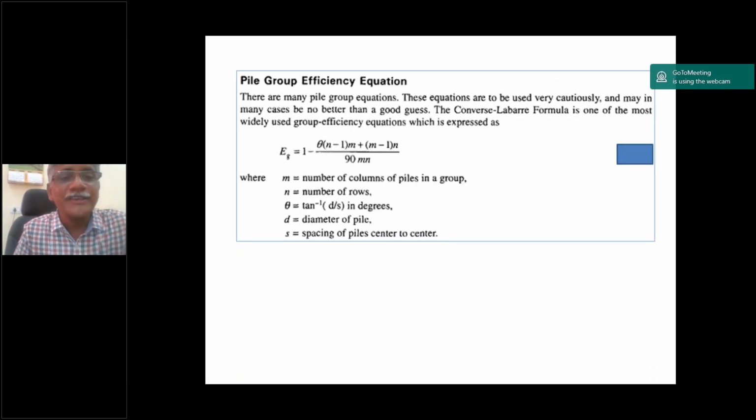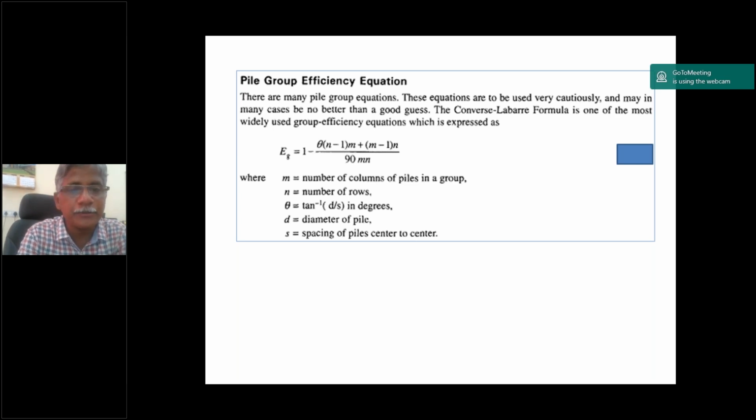Okay, sir. So as we are now talking about the pile group efficiency, one of the approaches that we can utilize is the Converse-Labarre formula, wherein we need some parameters like the diameter of the pile, the spacing between the piles, and also the number of piles in the row and the number of piles in the column.